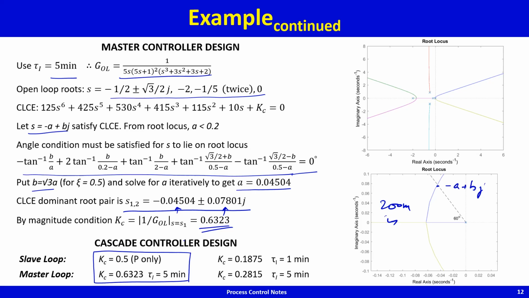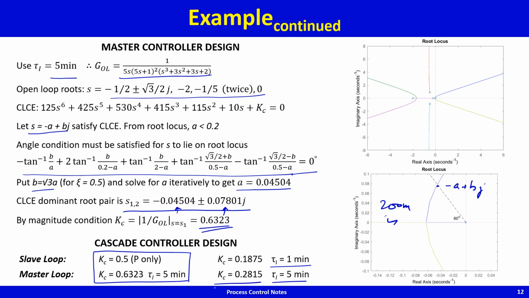I also did a similar design. It's just that I took the slave loop to be a PI controller, and the slave loop was again designed for epsilon of 0.5, and tau I was taken as 1 minute to cancel one of the slave loop poles. If you do a similar procedure, what you get is the Kc and tau I for the master loop as noted here.